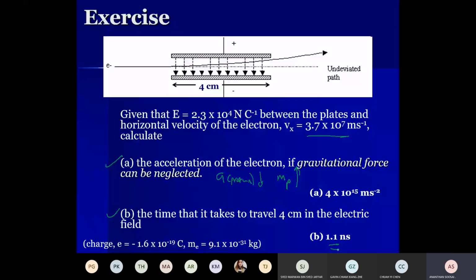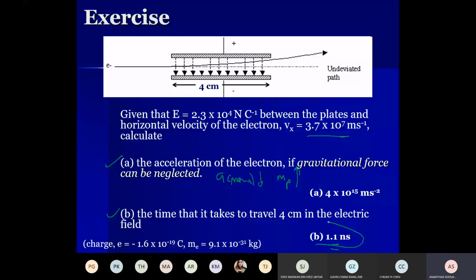For proton, is it going to be more than 1.1 nanosecond, smaller than 1.1 nanosecond, or same as 1.1 nanosecond, with a reason. Anyone? Same, good. Should be the same as 1.1 nanosecond.